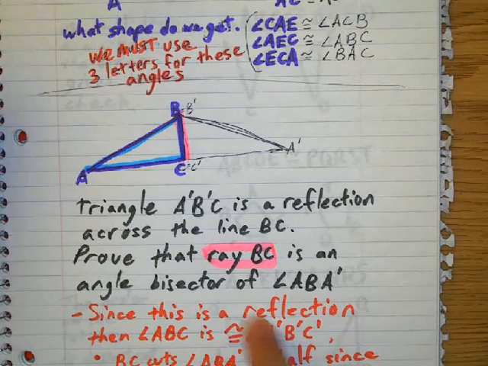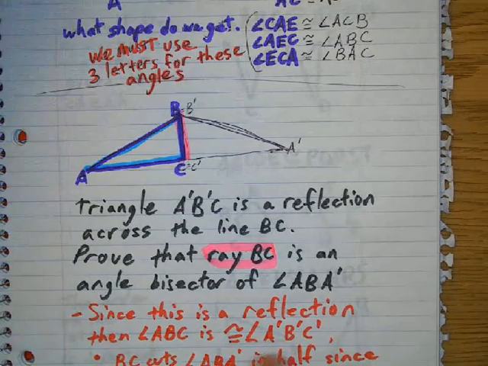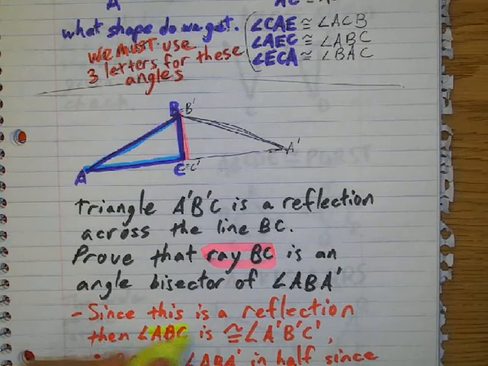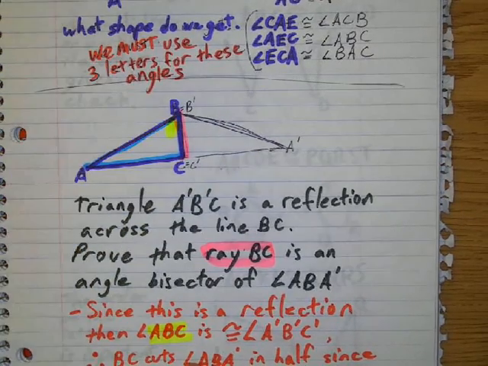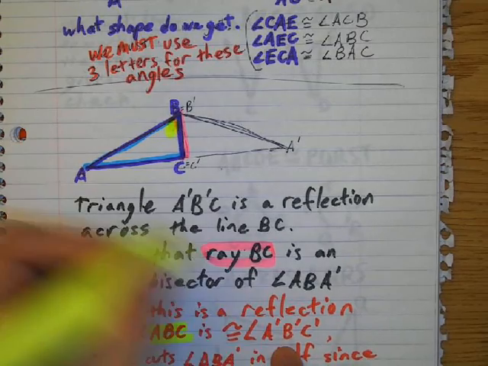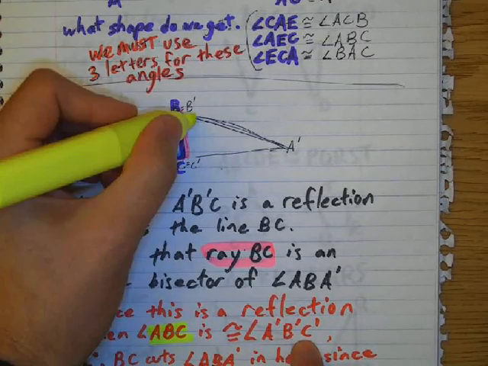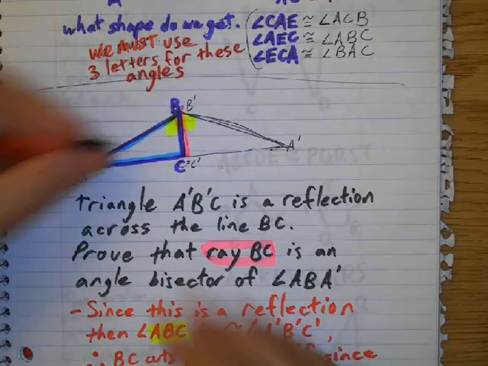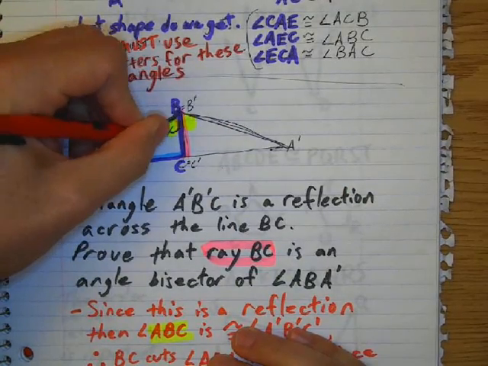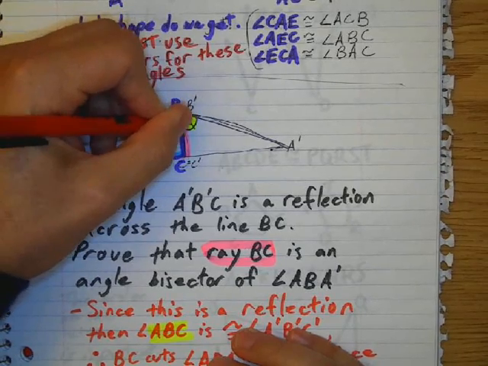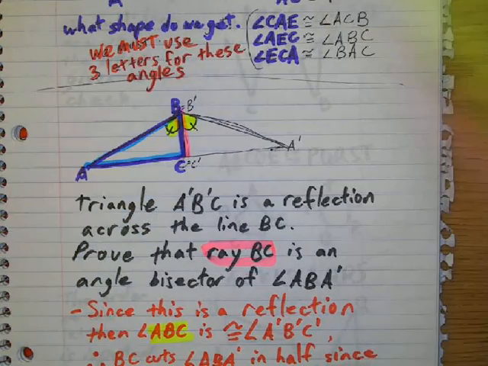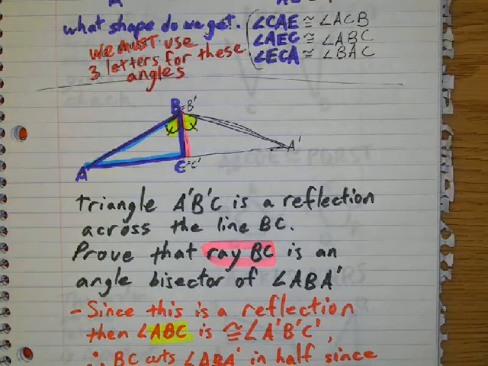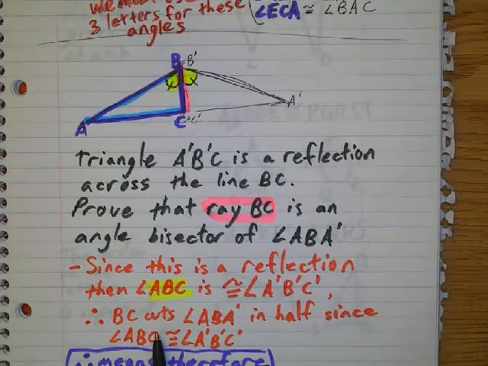The way we're able to say this is that since this is a reflection, I know that angle ABC, this one right here, the yellow one, is congruent to A prime, B prime, C prime, that one there. Because it's a reflection, this one here is congruent to this one here. If those are congruent, then you know that BC must cut it in half.